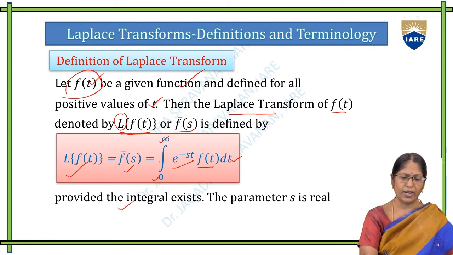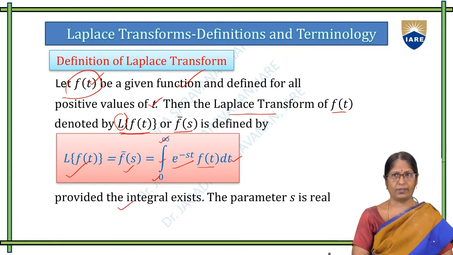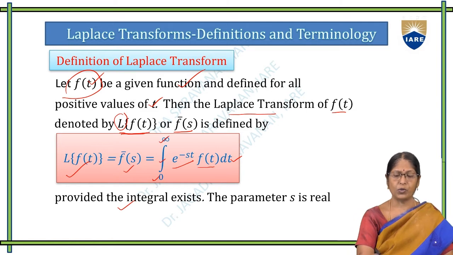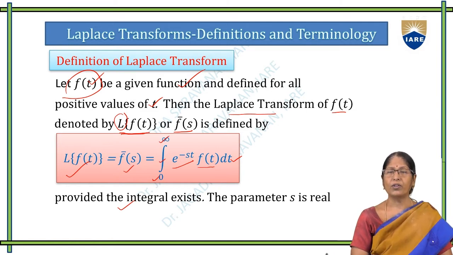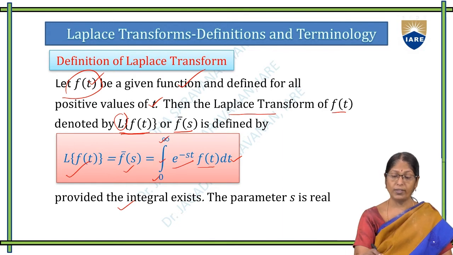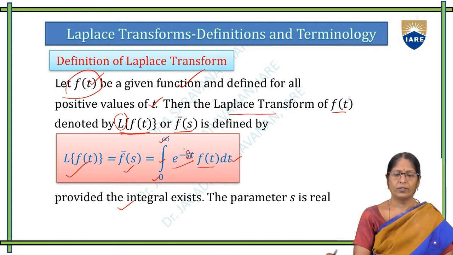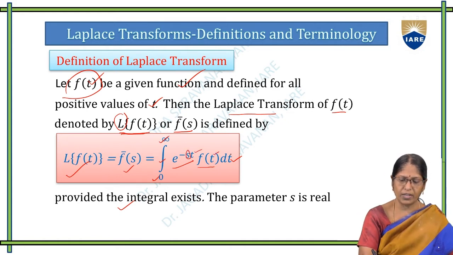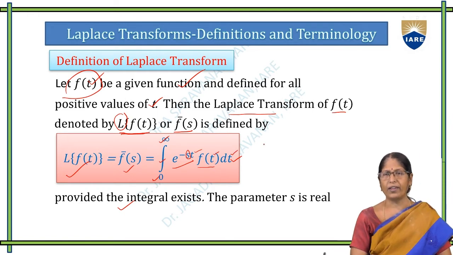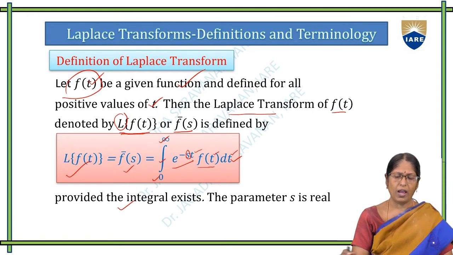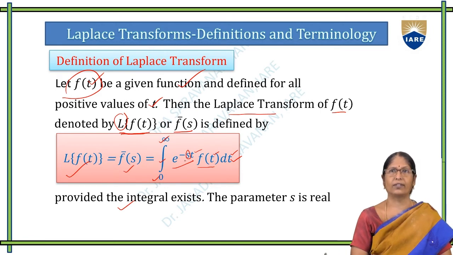Here, this integral must exist, depending upon that function. The function should be integrated after multiplying by e power minus st. Then only the Laplace transform exists. Then here s is there. We know t is the variable in which the function is defined. And what about this s?